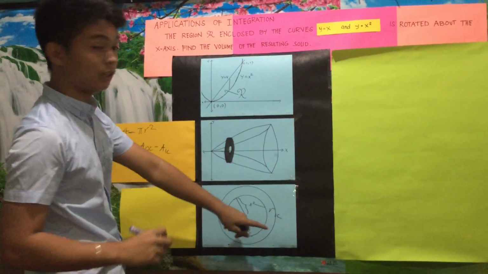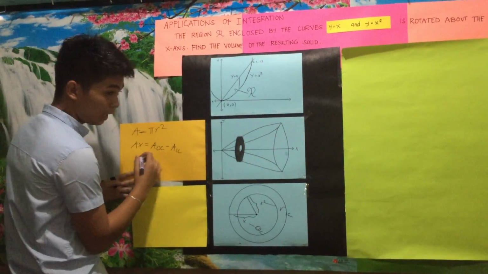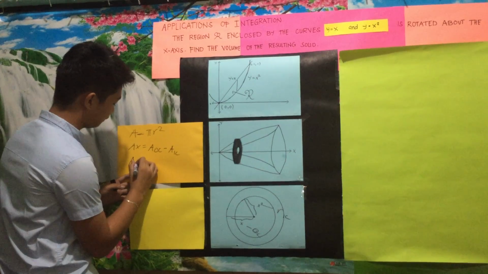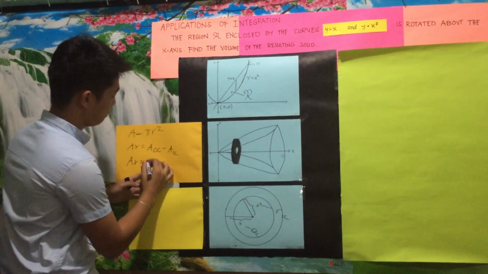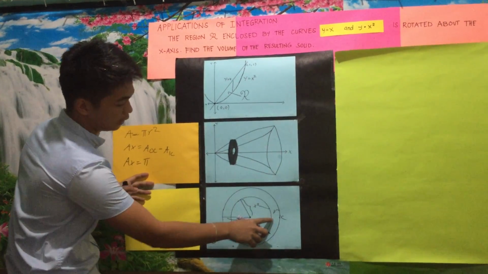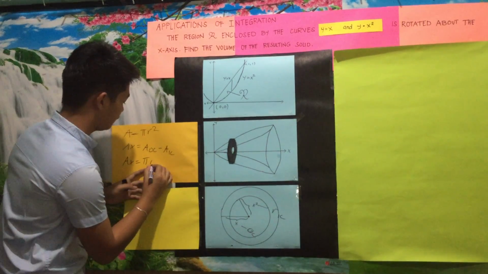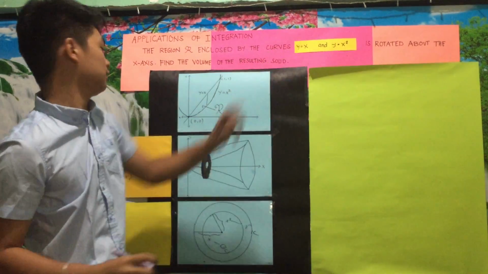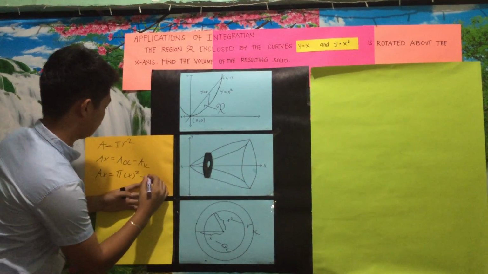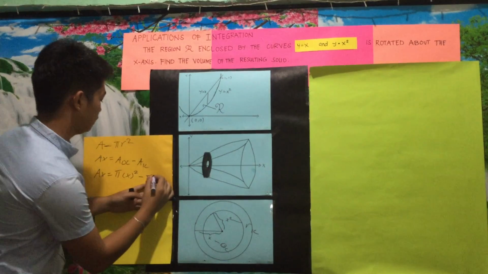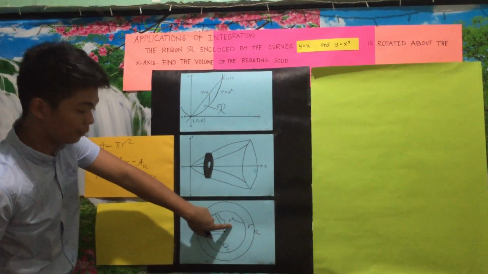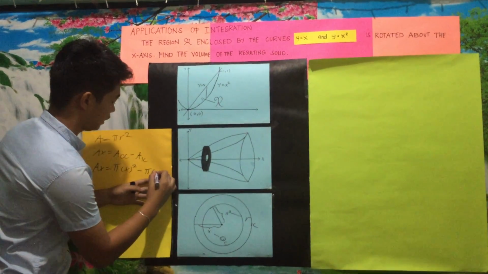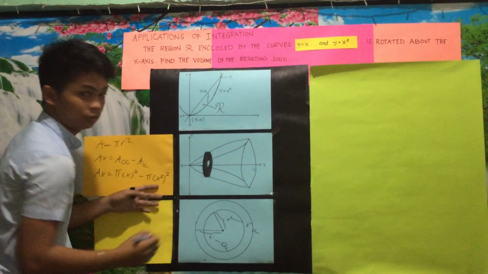And now substitute the values, which will now become A(x) equals pi times the outer radius x squared, which is y equals x, minus pi times the radius of the inner circle, x squared, raised to 2.